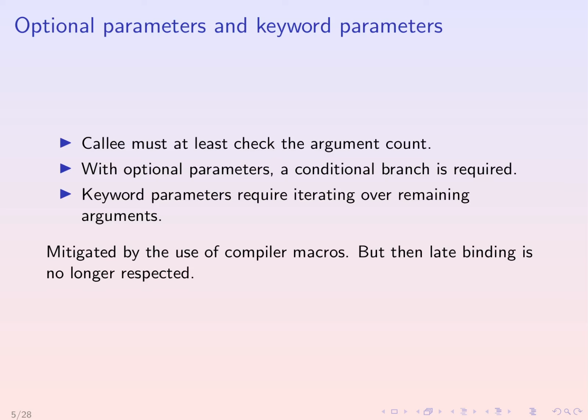And unless the lambda list contains &allow-other-keys, the provided keyword arguments must be checked for validity. There's an exception to that case, which is when the keyword argument :allow-other-keys was supplied with a value of true. The cost of keyword arguments and optional arguments can be mitigated by the use of compiler macros. But as we said previously, compiler macros no longer respect late binding.